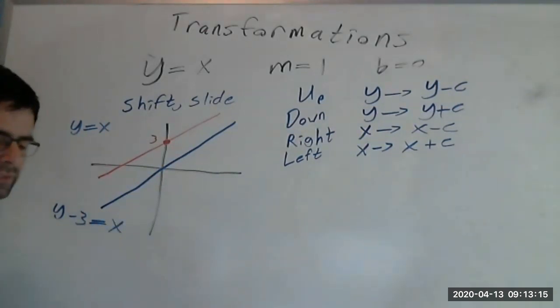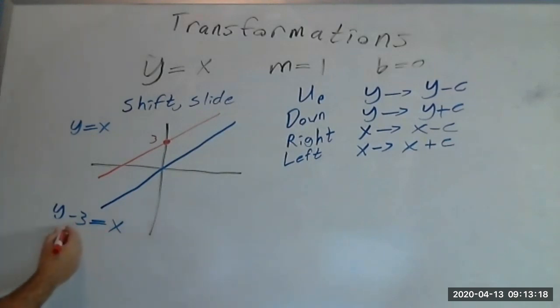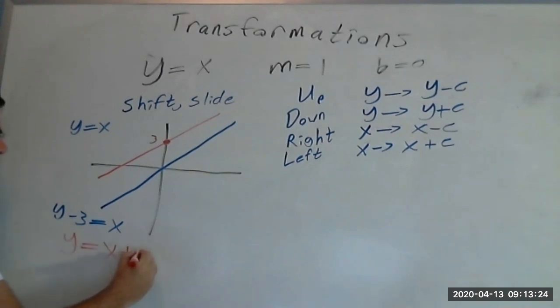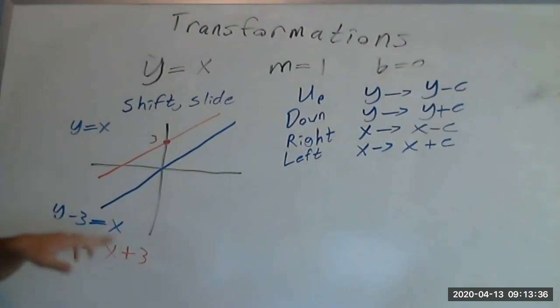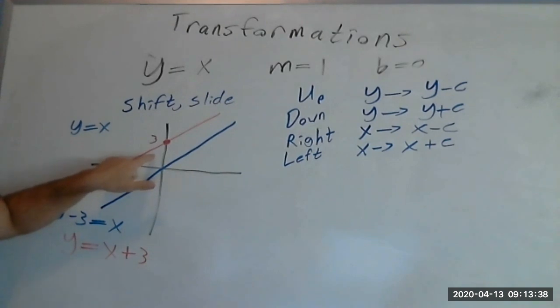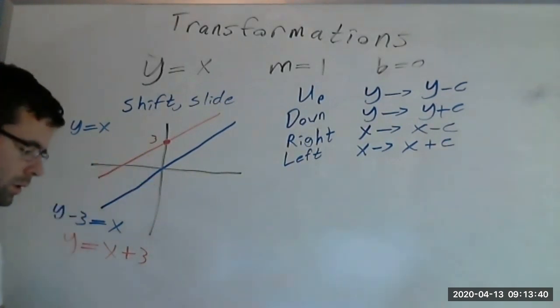If you solve this for y, you get y equals x plus 3. By changing the y value, and at the end solving for y, you get the new correct equation.